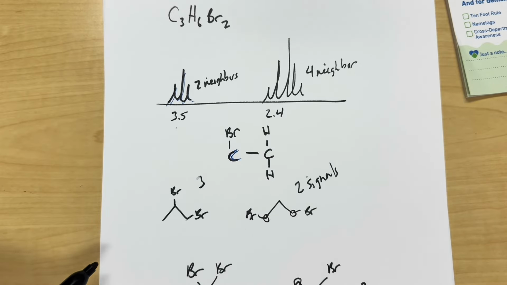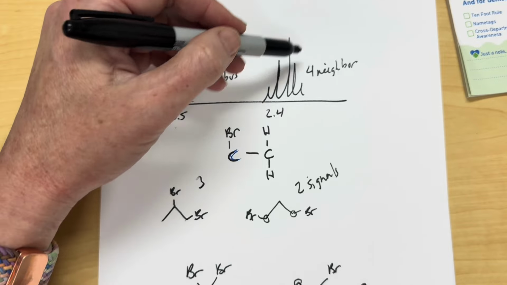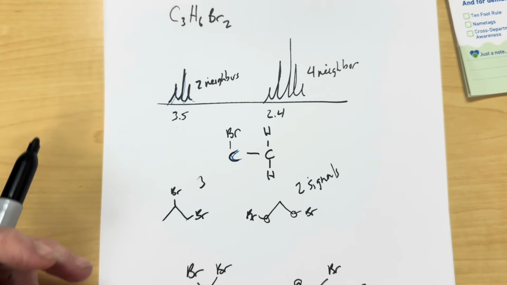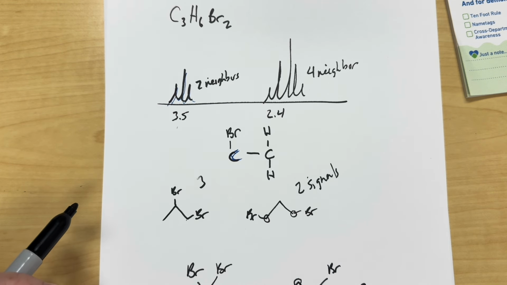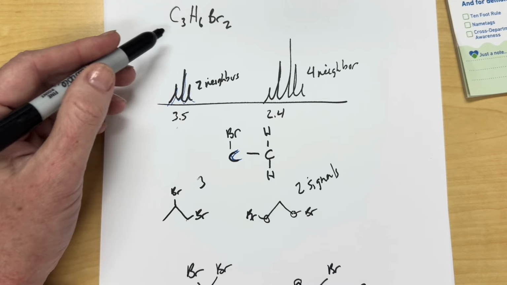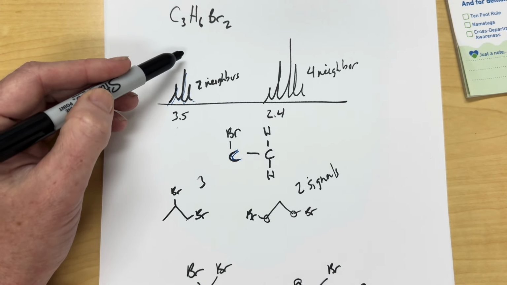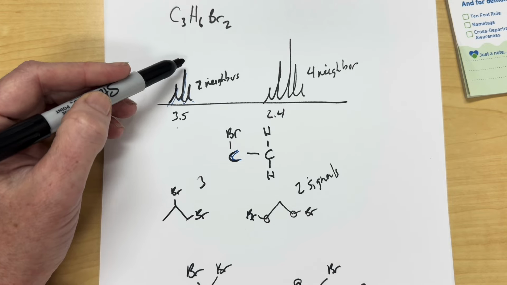So let's see if we can think it through. This signal has 4 neighbors, so most likely a CH2 and a CH2. We, again, don't know how many hydrogens there are on this one. So this could actually be from 2 different carbons giving us this signal.